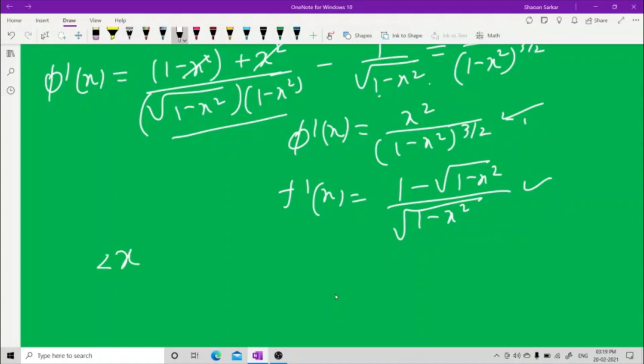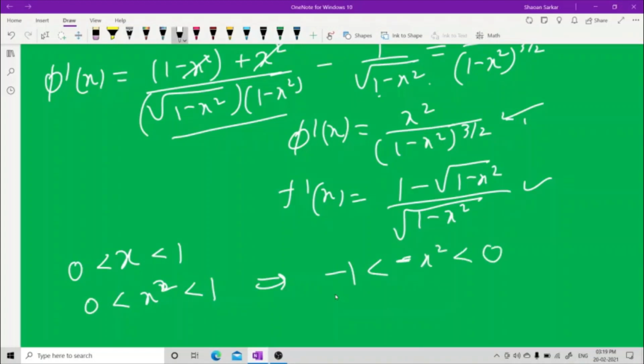Now you know one thing: x is in between 0 and 1. So x square is also, squaring all the sides, less than this. Take a minus. So now we will have minus 1 is less than minus x square is less than 0.